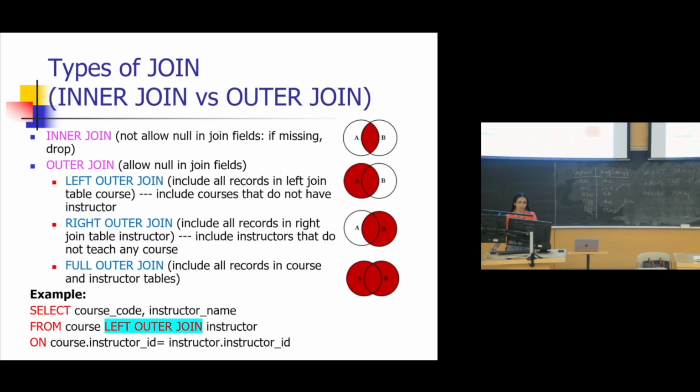For example, if we have a course for which the instructor is not announced yet, does this query return that? I think so. Yes, because we said it returns everything from the left table, which is the course, so it should return all the courses, no matter what. So it returns all the courses. And if there is an instructor, you can see the instructor name. If not, null, right? So return all the records from the left table and matching records from the right table, that is the instructors if exists.